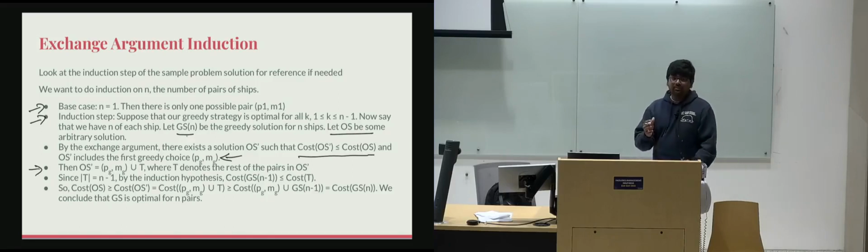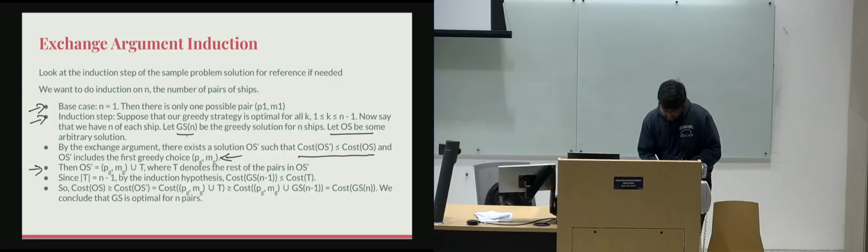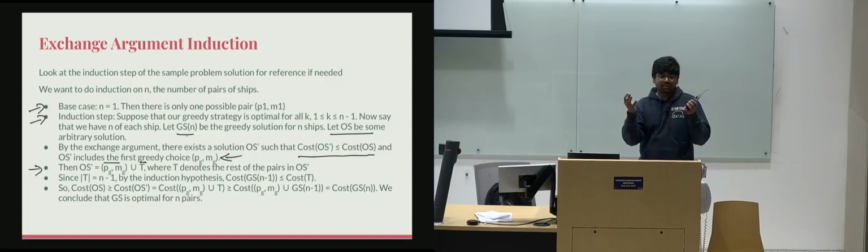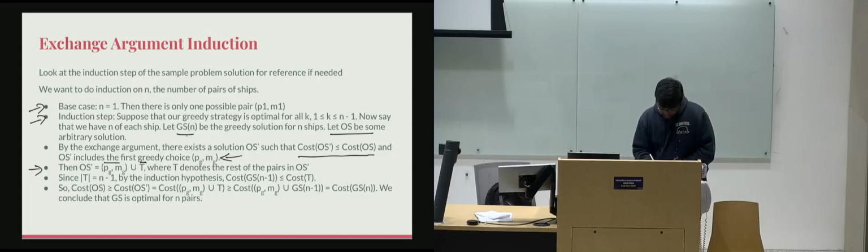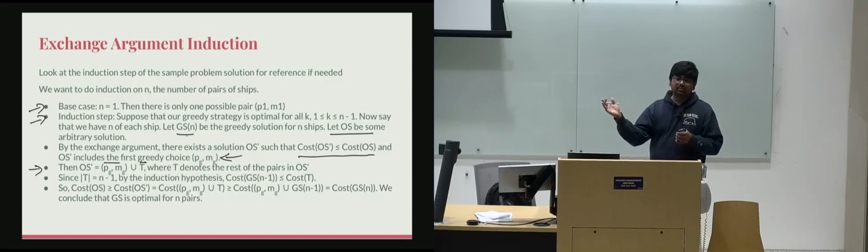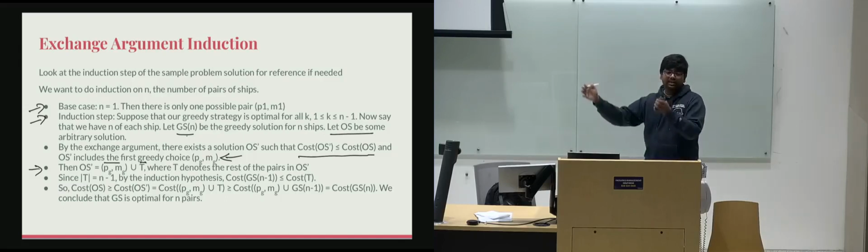OS prime, the way we defined it, is that we choose the first greedy pair. In the first one, we have this PG and MG, and it will have some other set, and the union of these two things will basically be your OS prime. And this T denotes the rest of the pairs that you have in OS prime.